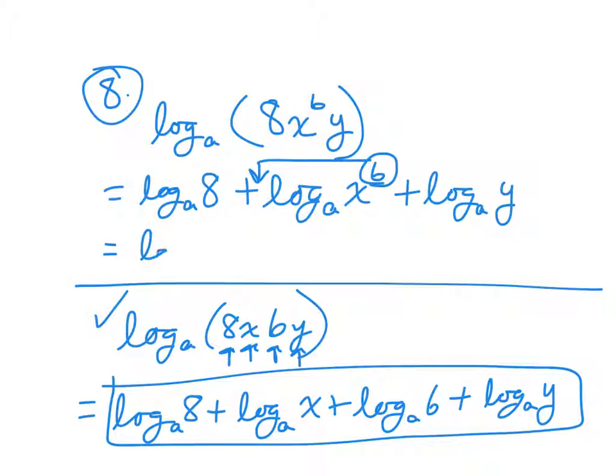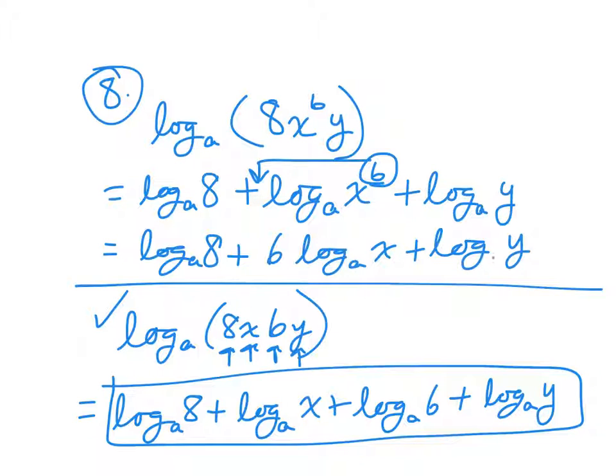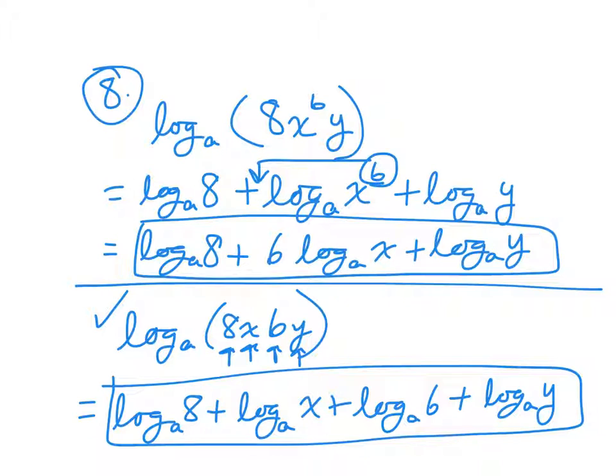So if you interpret it that way, we're looking for the log of 8 base A plus 6 log of x base A plus log of y base A. Questions?